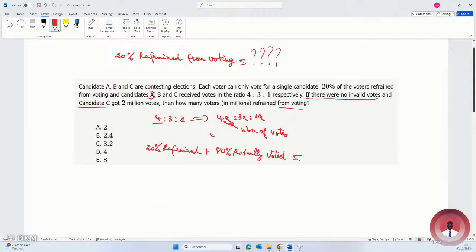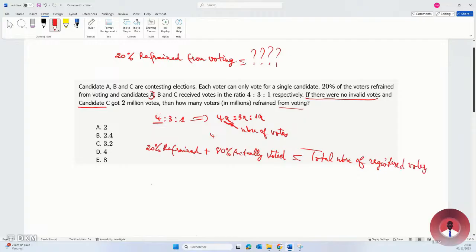And this is the total number of registered voters.